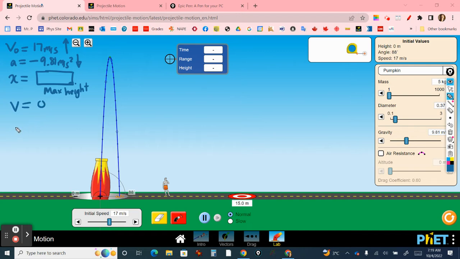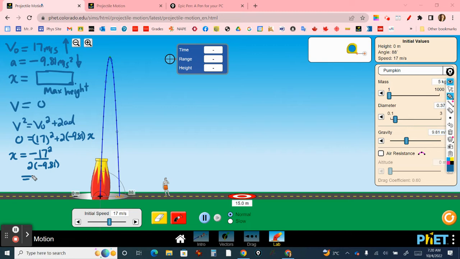Now we're going to use v squared equals v0 squared plus 2ad. The v is 0, so 0 equals 17 squared plus 2 times negative 9.81 times x. I put in a d here, but it's supposed to be x. And the x is going to be minus 17 squared over 2 times negative 9.81, and the displacement will come out positive.